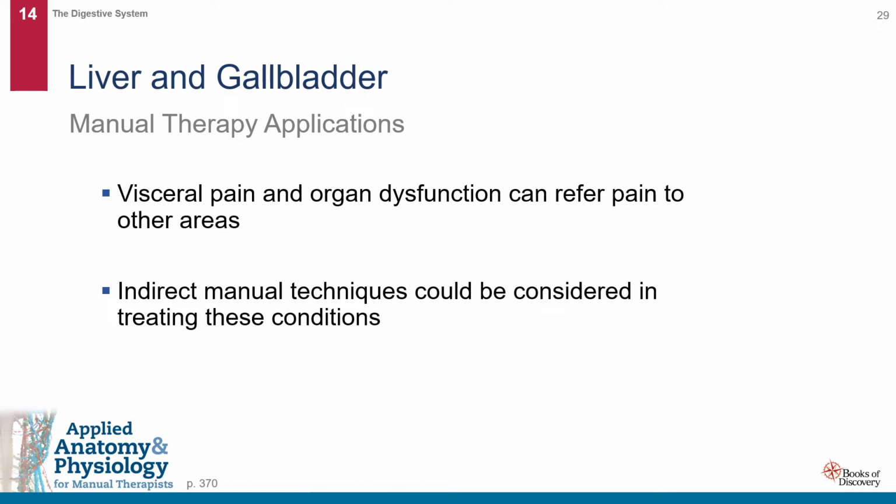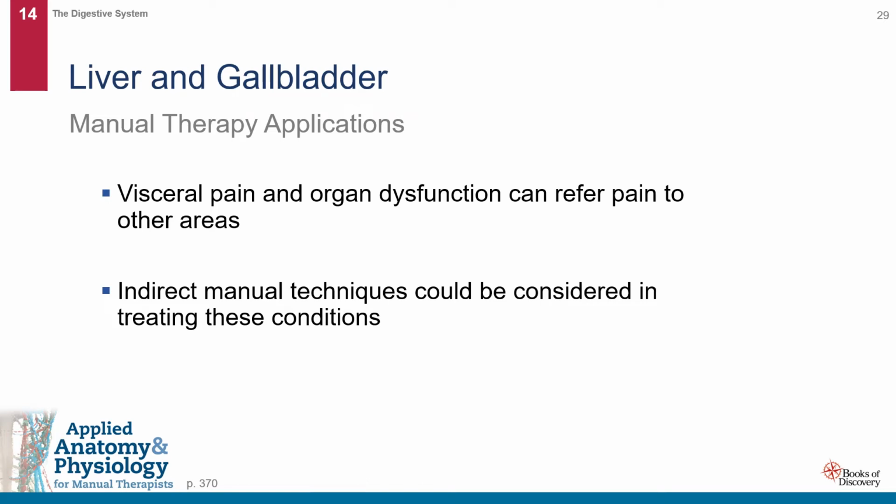If viscera are the source of pain, there are usually associated signs such as nausea, sweating, and pale skin, while direct manipulation in the abdominal area may be contraindicated in some cases.